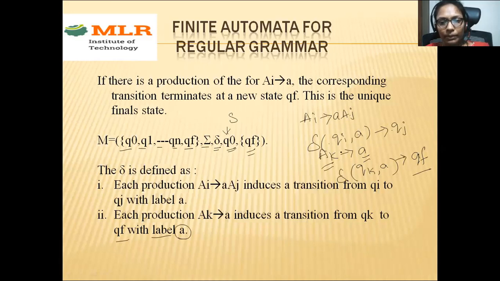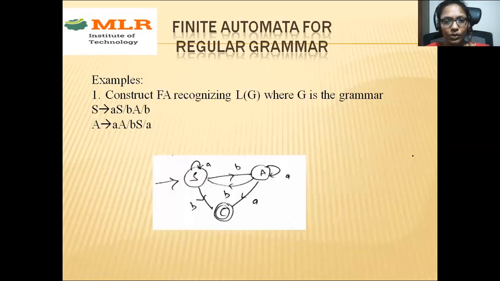The label means the input will be a here, and it will go to the final state. If we don't have any state here, it should lead to the newly created final state. So these are the rules to construct finite automata for the given regular grammar. Now we'll try to solve some problems.